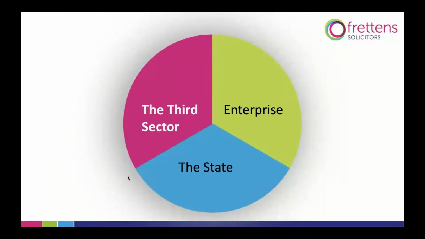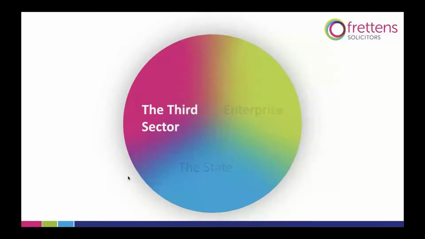So let's look at the third sector. The economy is sometimes divided into three components: private enterprise, the state sector, and the third sector, which is really everything else. Now, it's often a bit more blurred than the first diagram showed as to exactly where the dividing line is between each of those, but charities are most definitely within the third sector.